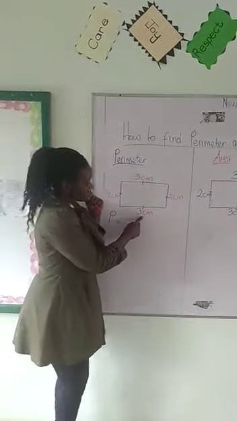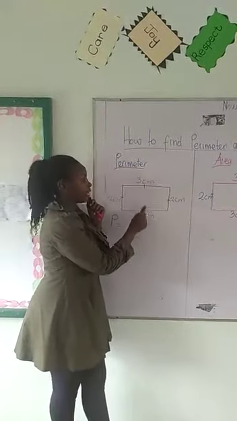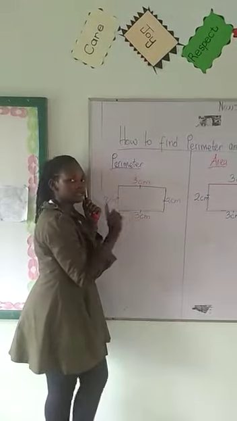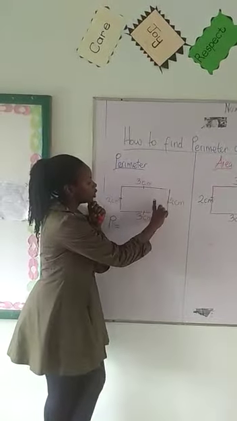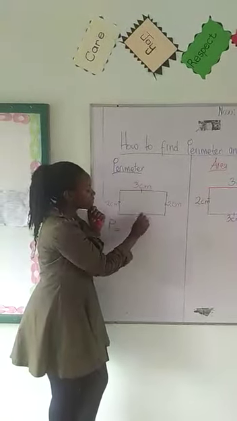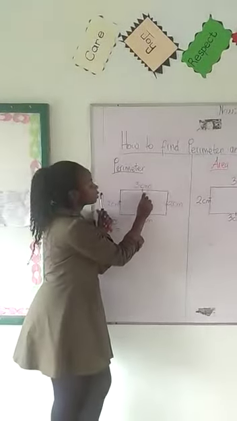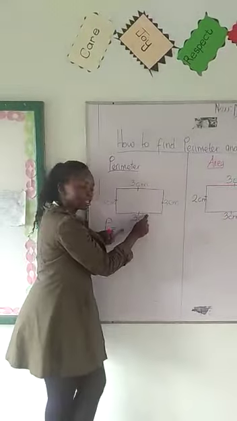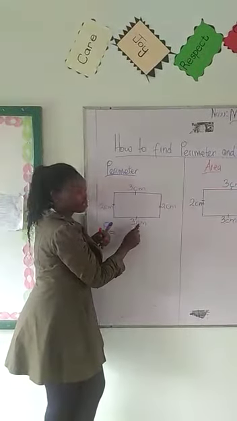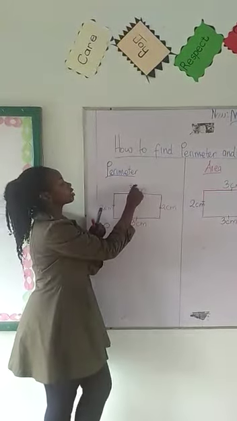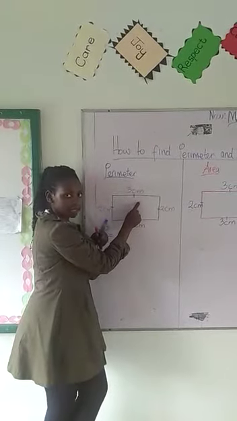So this side here is the longer side on the rectangle, and there are two longer sides. That's why I have these dashes crossed onto these two sides, because this one means it is equal to this. That's why the longer side is 3 centimeters, and also this upper longer side is 3 centimeters.